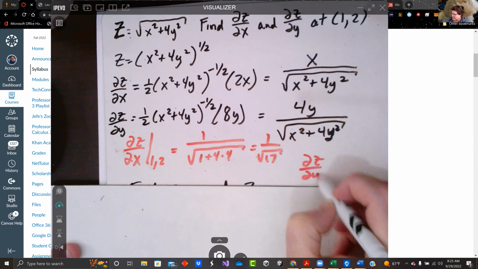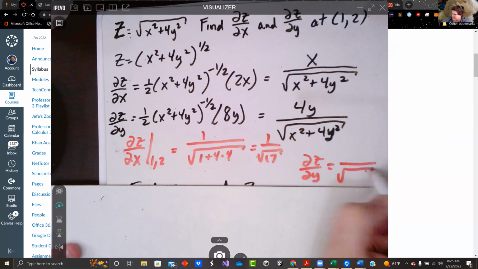And for dz dy, the denominator doesn't change. It's the same. Only the top changes.